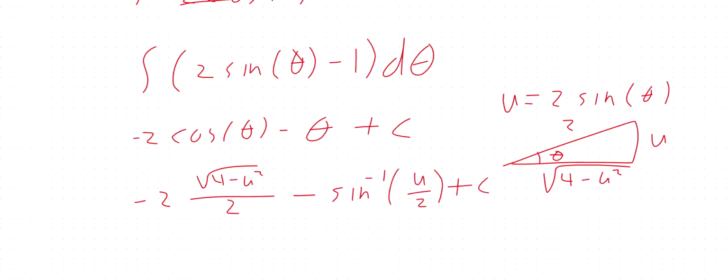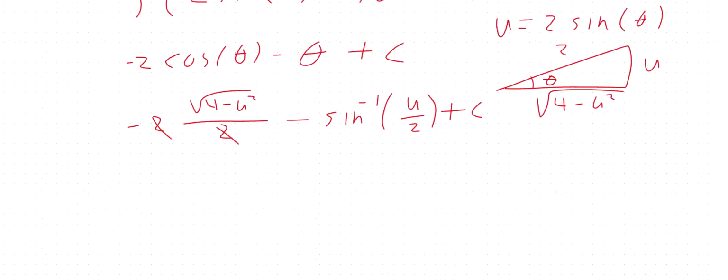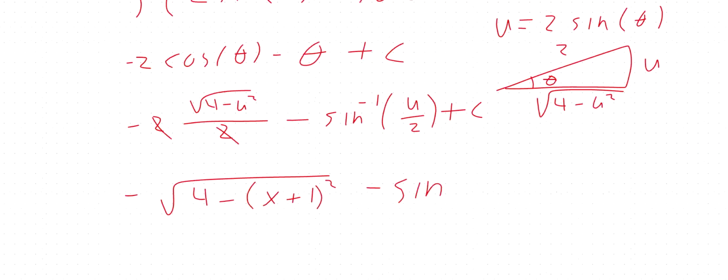And those twos are going to cancel. But again, we don't want our u's, we want our x's. So our u was x plus 1. So it's a negative square root 4 minus x plus 1 squared minus arc sine of x plus 1 over 2 plus c.